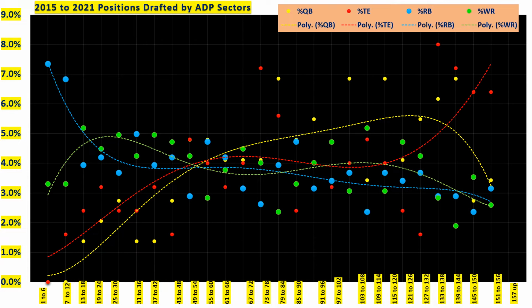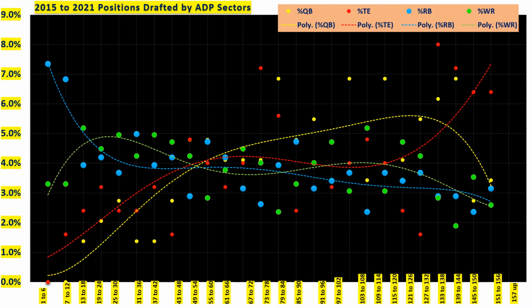And so what you see here are actual data points for different colors. We're doing quarterbacks, tight ends, running back, and wide receiver. So that's yellow, red, blue, and green. And I understand you can look at the data, but I like to see trend lines. That helps me visualize the flow of the data.